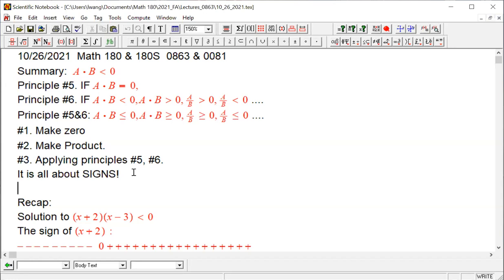Most likely, those questions in engineering, economics, finance, those mathematical models, the factoring is very, very difficult, if possible. Okay, sometimes the factoring is almost impossible.